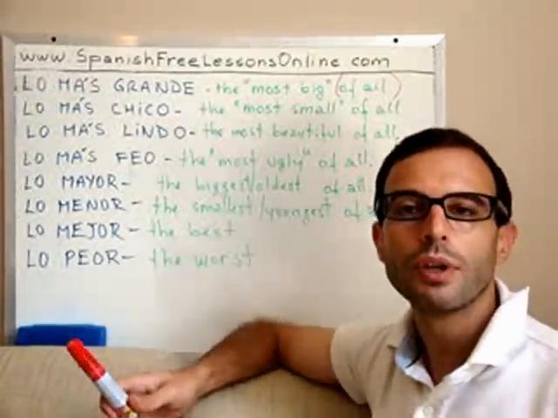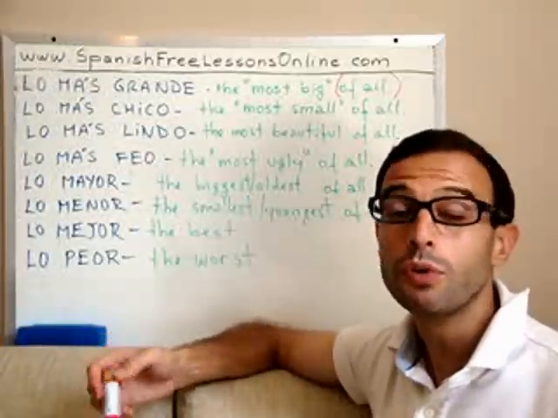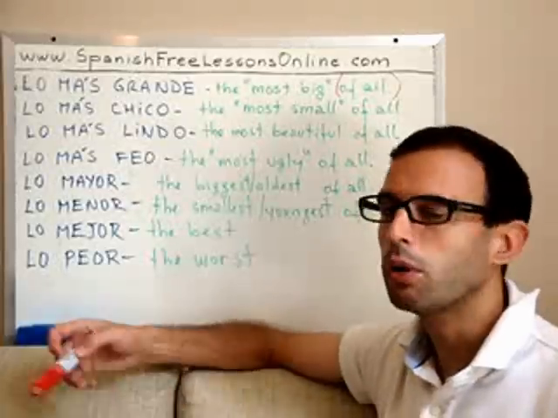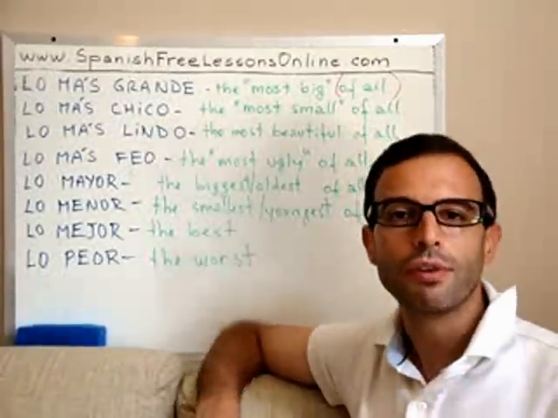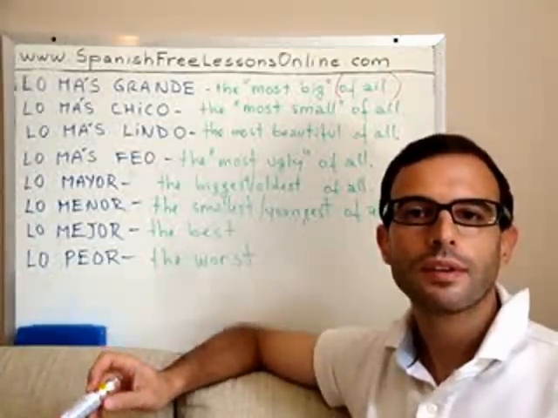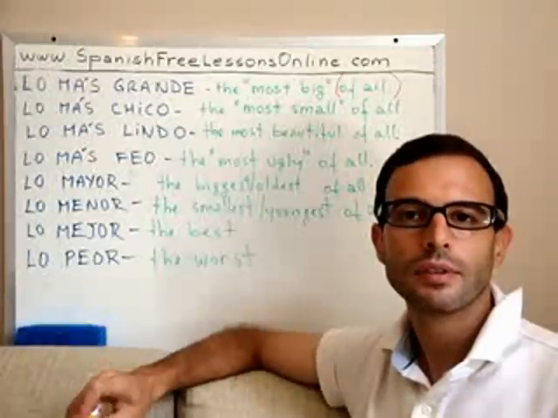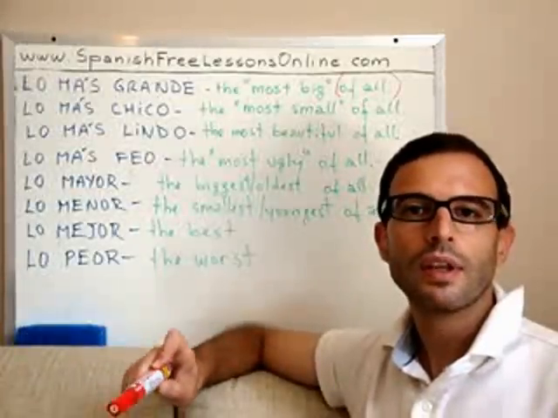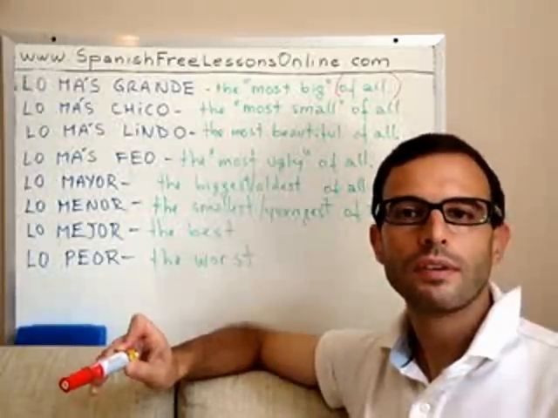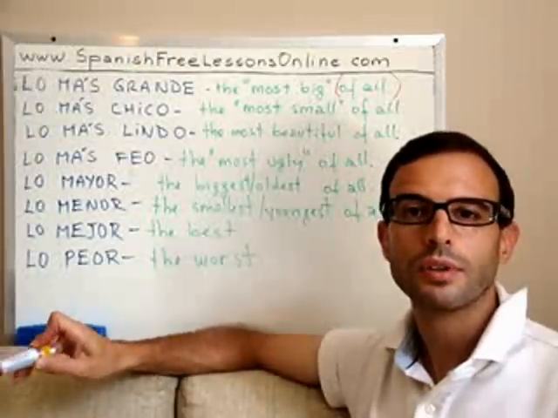Because mayor means bigger, but when referring to people it means older, or the oldest. So we would say, for example, el papá es mayor que la hija. That means the daddy or the father is older than the daughter, okay?